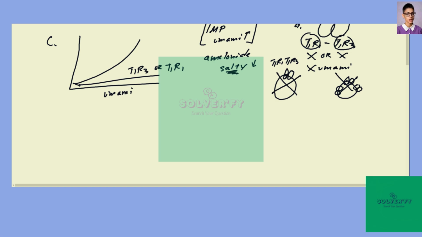So you know that umami has to come in the dimer form, and regardless of whether the dimer exists in just one type of cell or exists in all types of taste cells, you're not going to get a response if you remove that dimer.